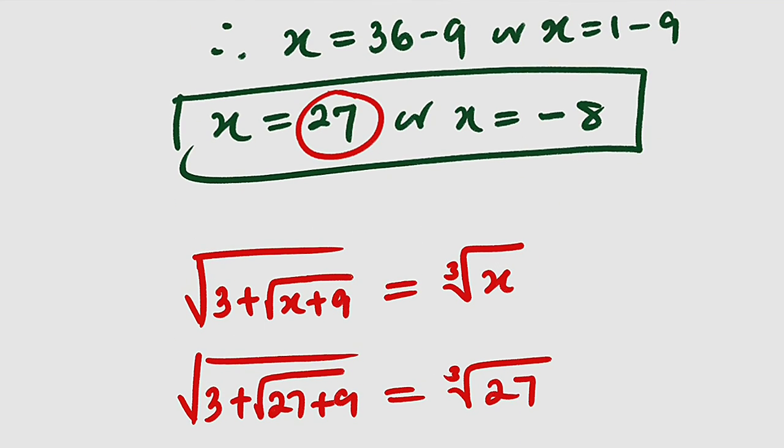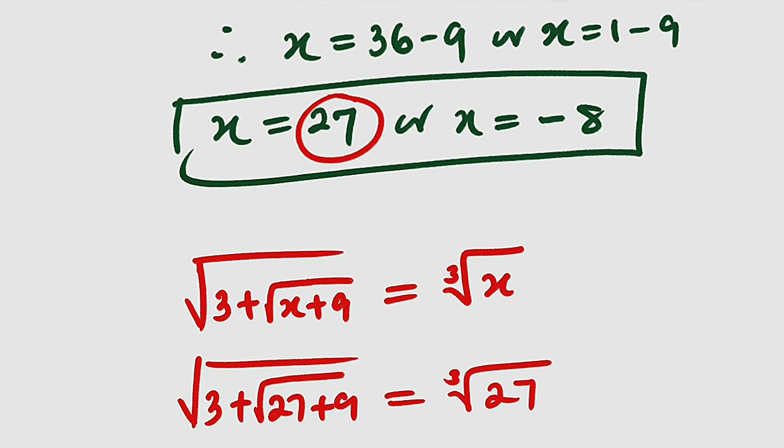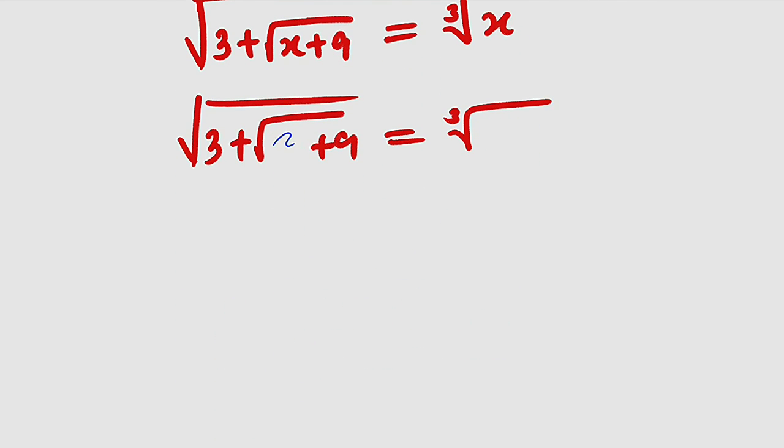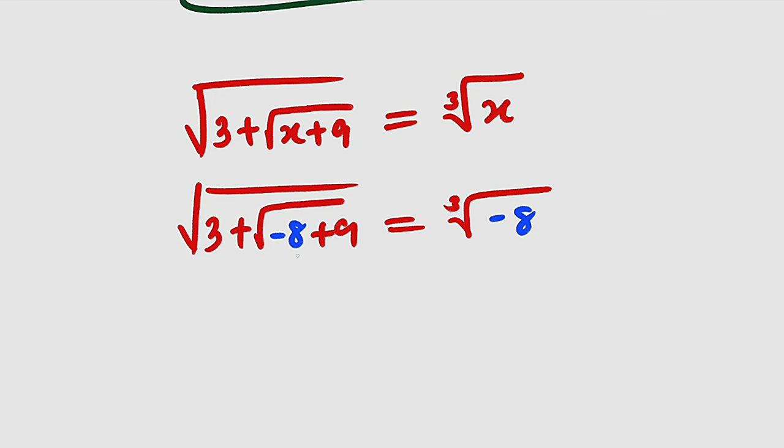So what about when x is equal to negative 8? Negative 8 plus 9 is positive 1. Then square root of 1 is 1. Then 1 plus 3 is 4. Square root of 4 is 2.